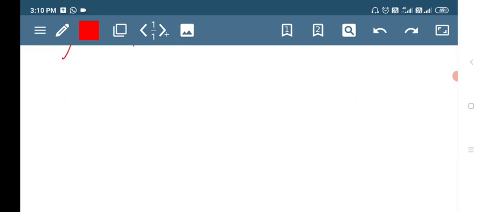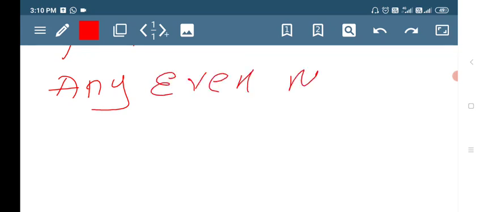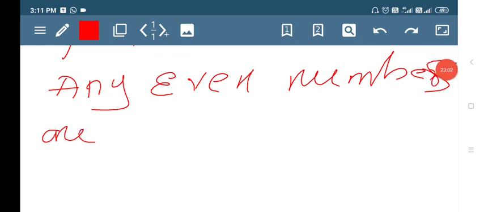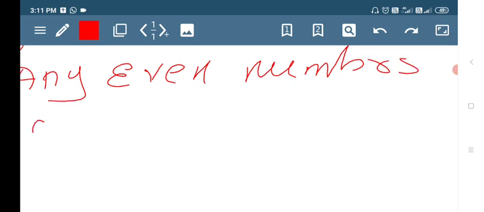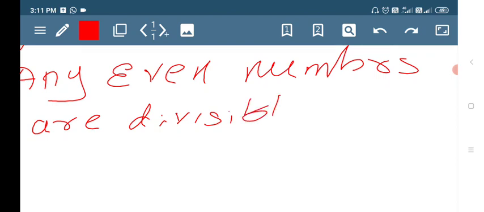So we can conclude that any even numbers are divisible by 2. Okay, got it?